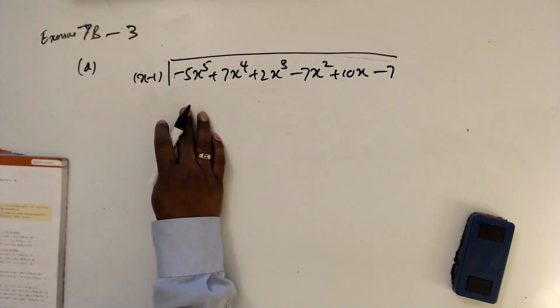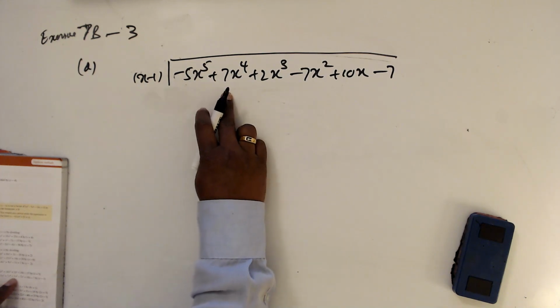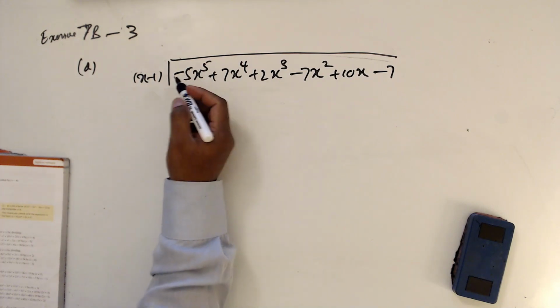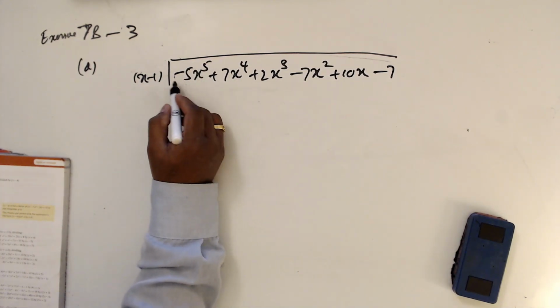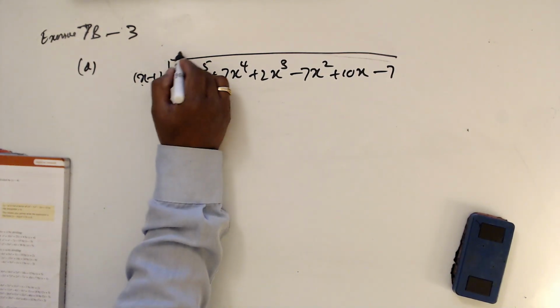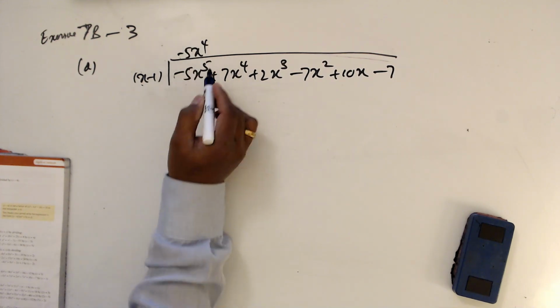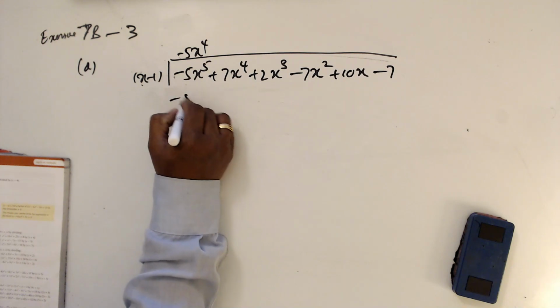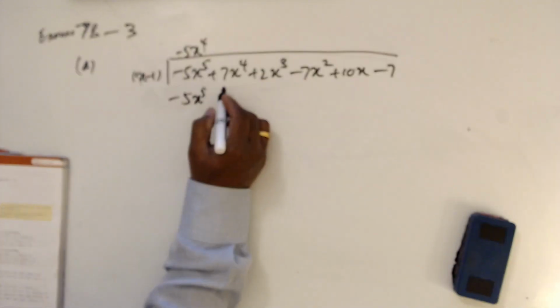Question D, 5x to the power 5 plus 2x cubed minus 1. So how many x go into 5x to the power 5? 5x to the power 4. Then 5x to the power 4 times x is 5x to the power 5, and minus times minus is plus.